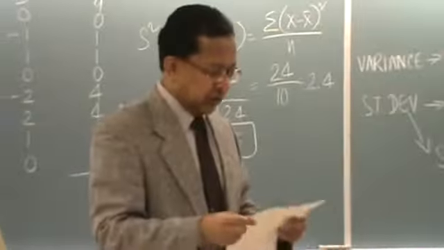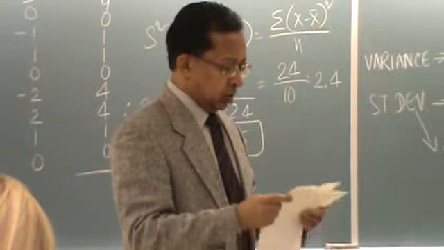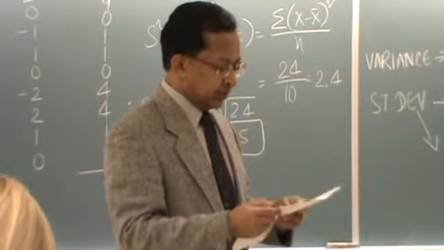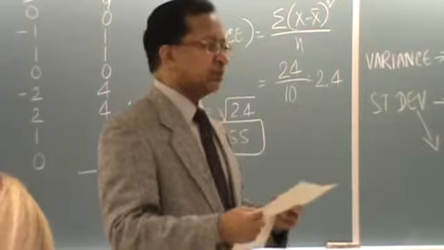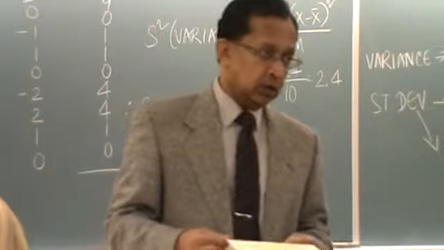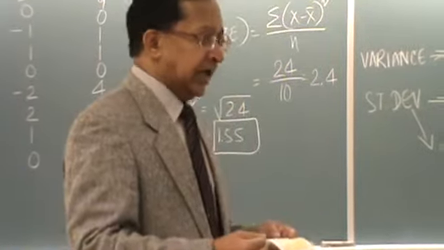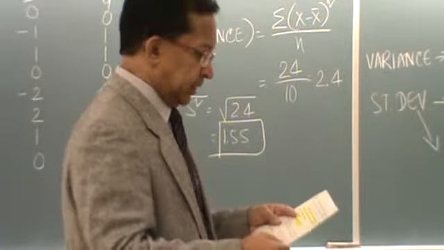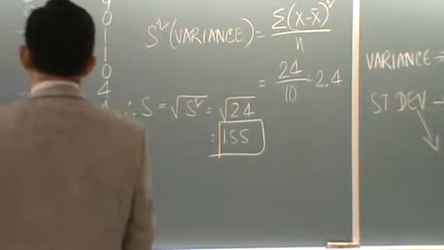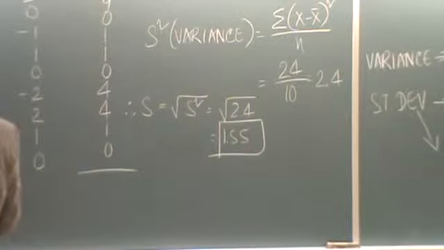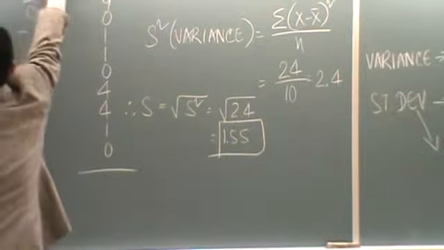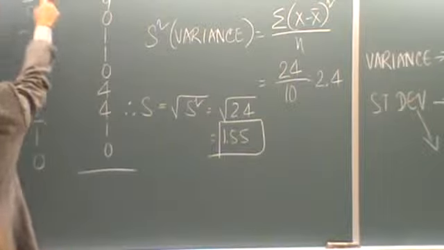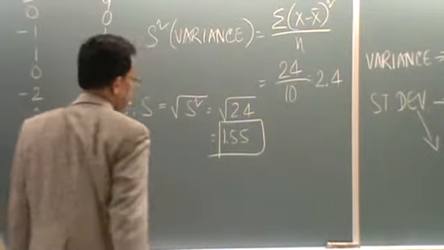And the formula for standard score, if you look at the next page, is x minus x bar divided by s. S is the standard deviation. So x minus x bar, then divided by the standard deviation.